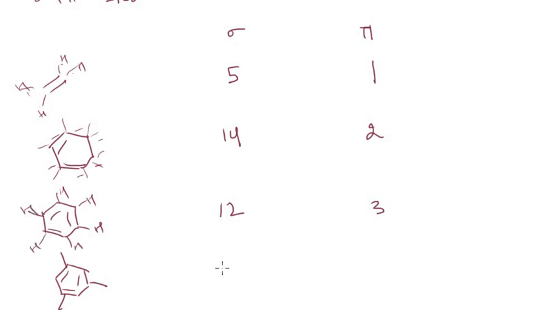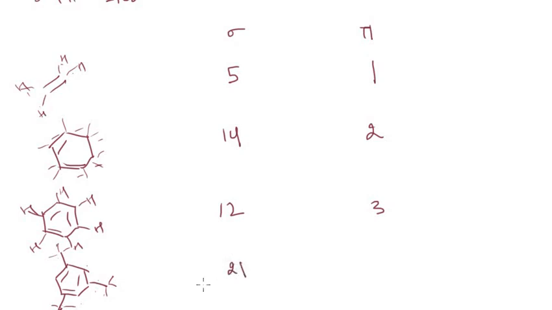Like here also, how many sigma bonds? Here it will have, sorry, not 30, 9. Let's just erase this thing. 1, 2, 3, 4, 5, 6, 12, 13, 14, 15, 16, 17, 18, 19, 20, 21.